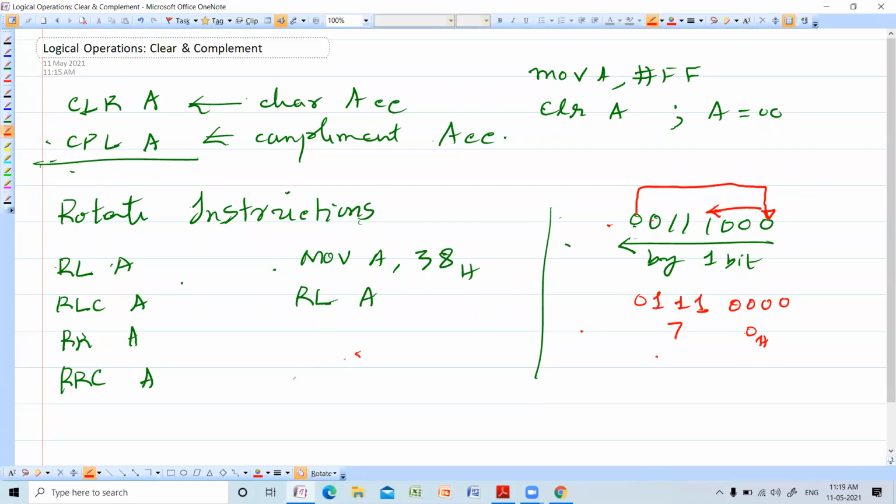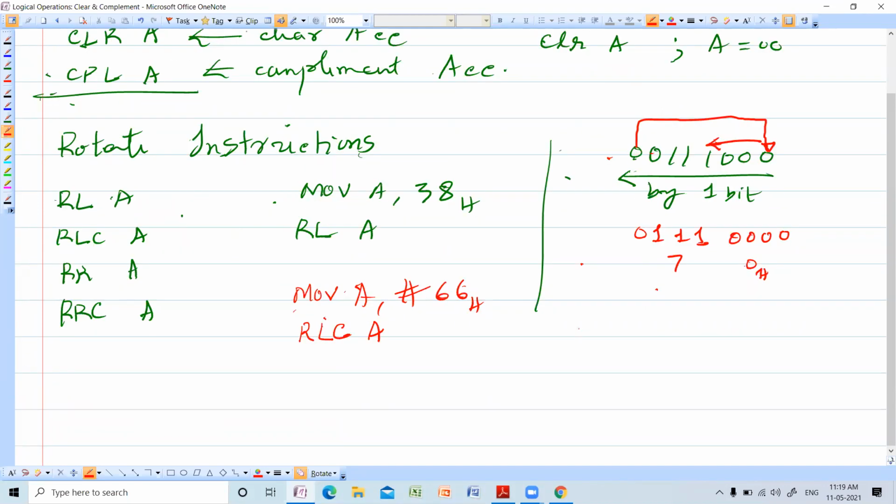Okay. Now suppose you say MOV A, #66H. Rotate left accumulator through carry, RLCA.